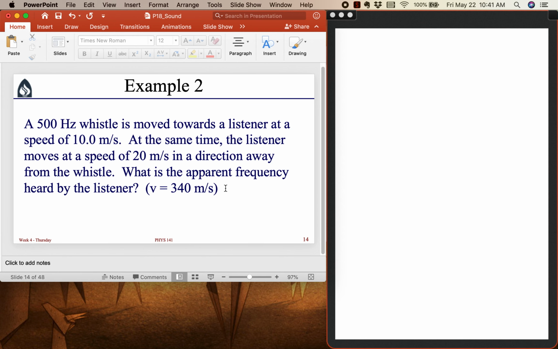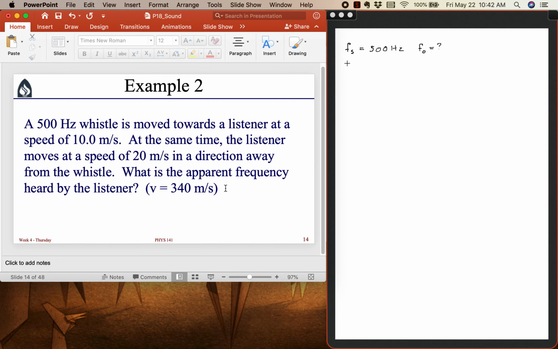All right, so let's write down some of the facts that are given to us in this problem. We know that the source is producing a sound at 500 hertz, so the frequency of the source is equal to 500 hertz. What we're trying to calculate is the frequency that is observed by the listener.